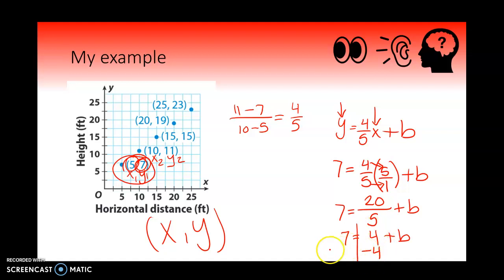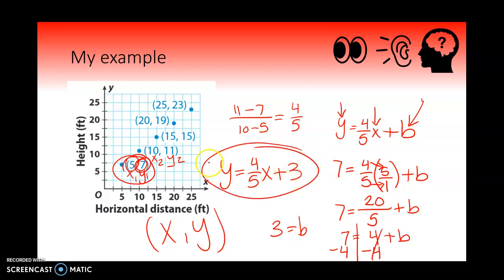So whatever I do to one side, I'm going to do the exact same thing to the other side, to make it fair. 7 minus 4 is 3, so I'm left with b on this side. So I'm left with b equals 3. This is our y-intercept. So that is our answer to the back of our problem over here. So we got y equals 4/5 x plus 3. Final answer.